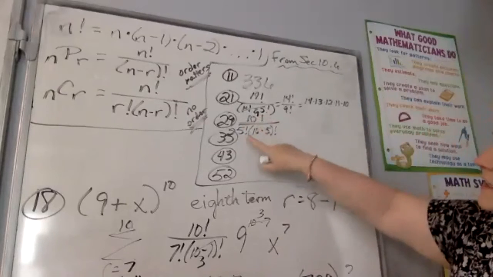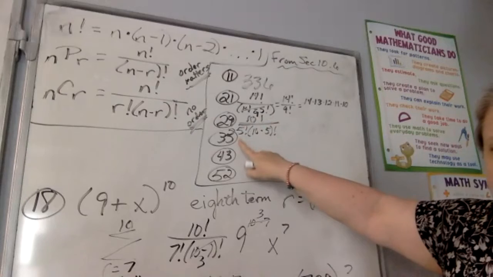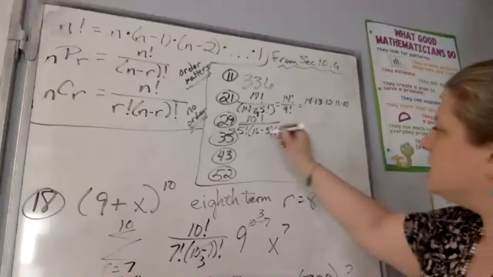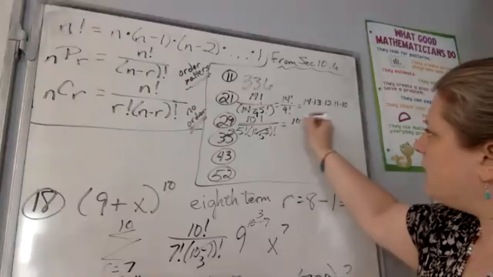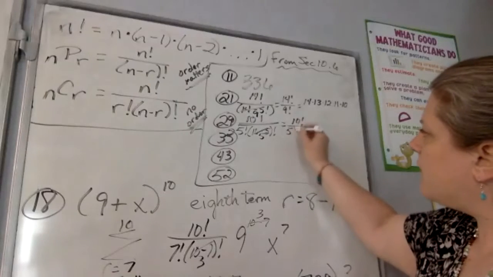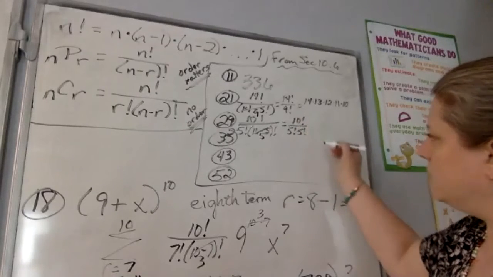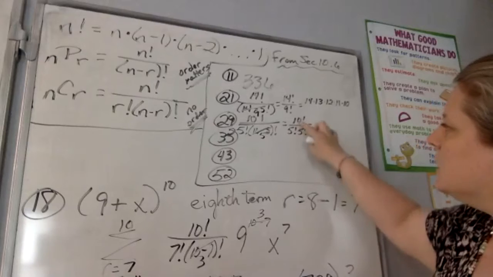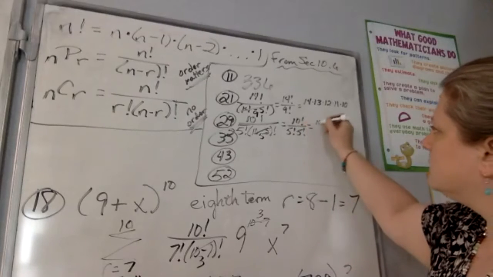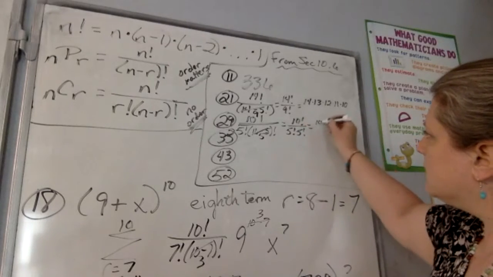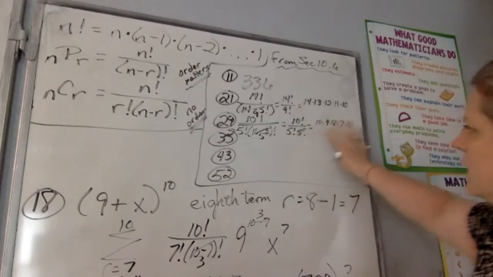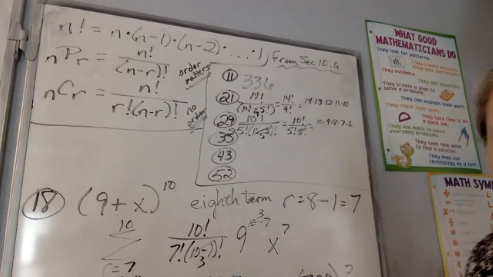When it's a combination, it has the extra factorial in the front. Now, 10 minus 5 is 5. So I have 10 factorial over 5 factorial, 5 factorial. So 10 times 9 times 8 times 7 times 6, because that part will cancel out the 5, 4, 3, 2, 1.